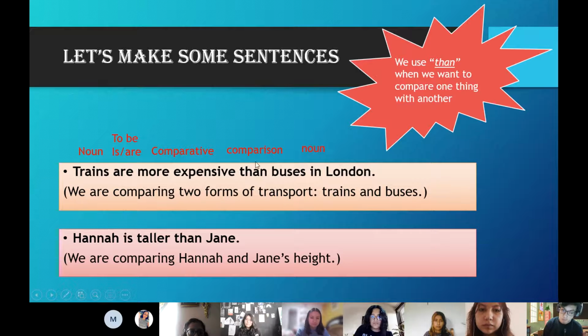Esta palabrita nos da paso a la comparación. Esta palabra da paso al segundo sujeto que es comparado con el primero. And then we have the other noun, buses. Trains are more expensive than buses. And then we have a complement, in this case in London.